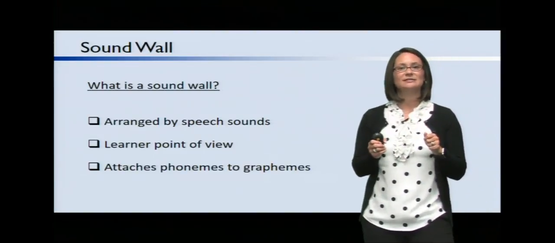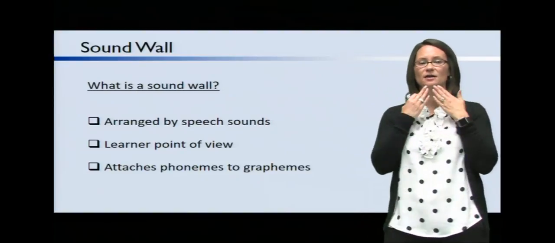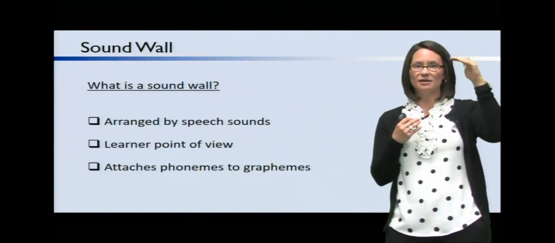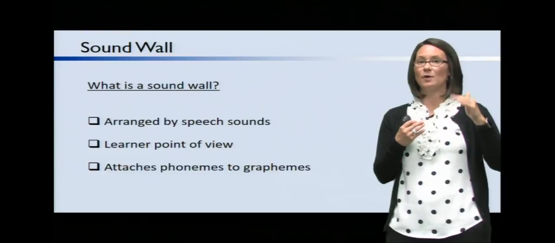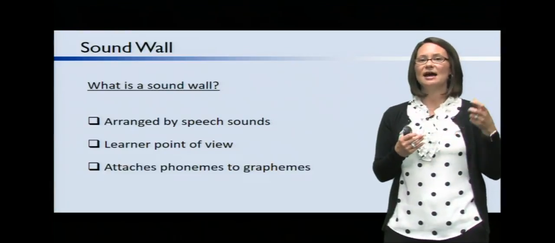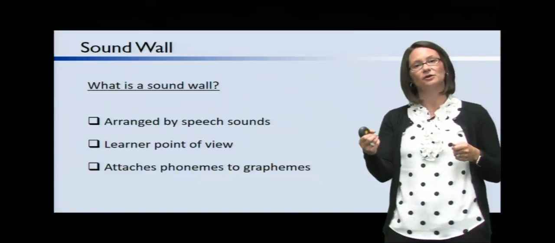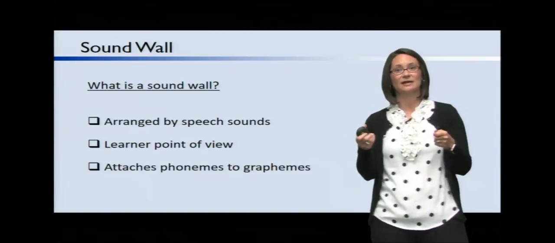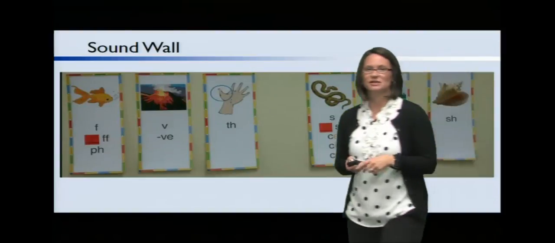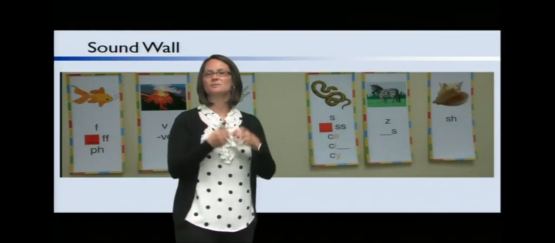It really attaches that phoneme to grapheme. So much like I had said, a student could go and find the sound N, and then there were various ways listed in which we spell that sound. That's attaching the phoneme, the sound, to the grapheme, the letter or letter pattern that can spell that sound. Let me show you another example of that here. Here's a close-up of that sound wall.